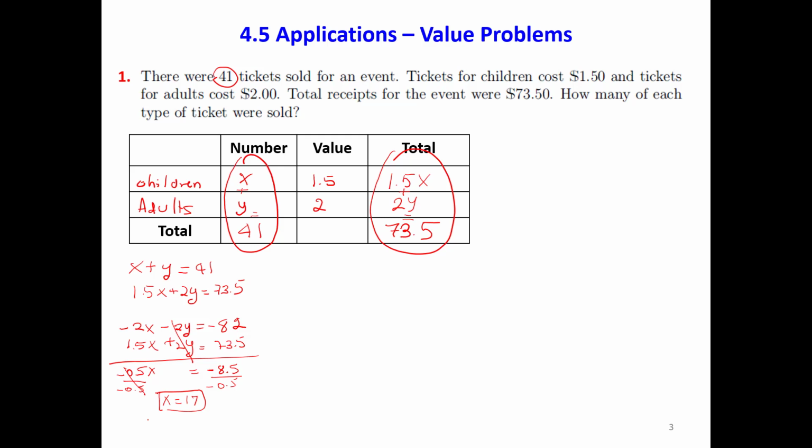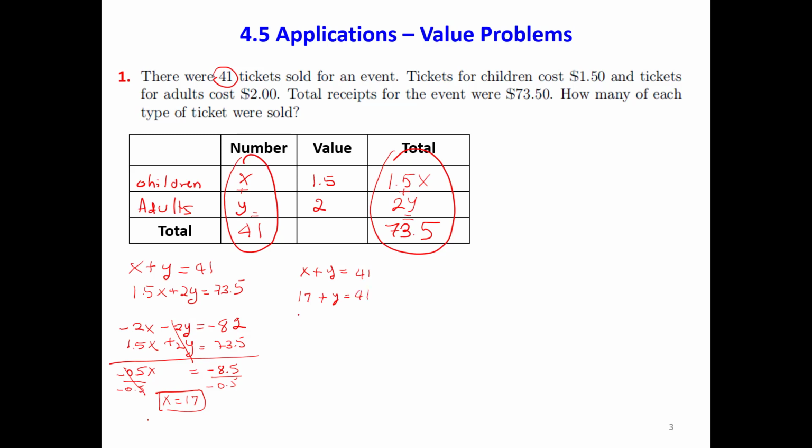We had x plus y equals 41, but x equals 17, so 17 plus y equals 41.